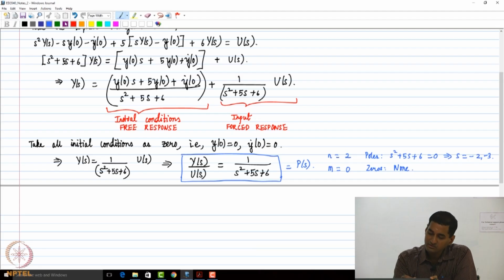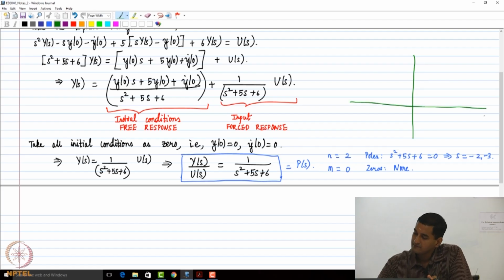Typically we plot what is called the S-plane, the complex plane with the real and the imaginary axis. Let me draw it again. This is the real axis, imaginary axis, and the origin.